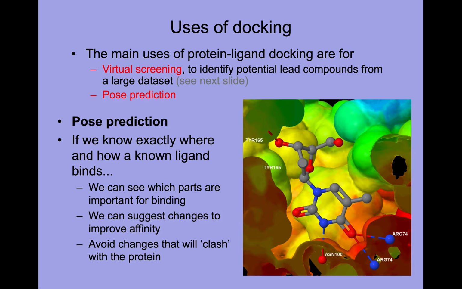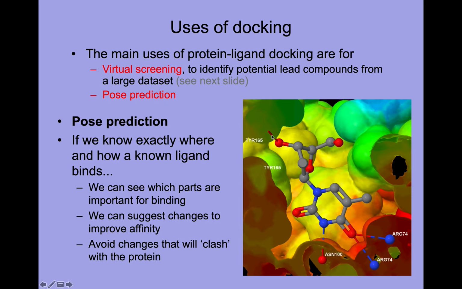We can also do pose prediction. Pose prediction means if we know exactly where and how a known ligand binds, we can see which parts are important for binding.